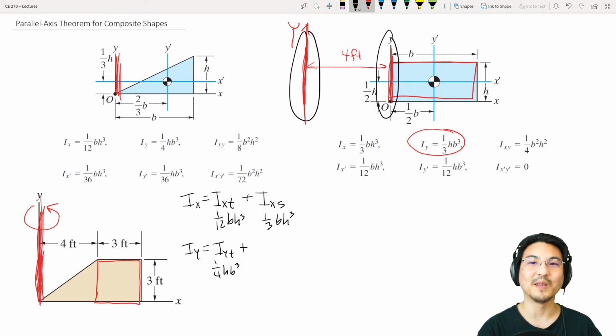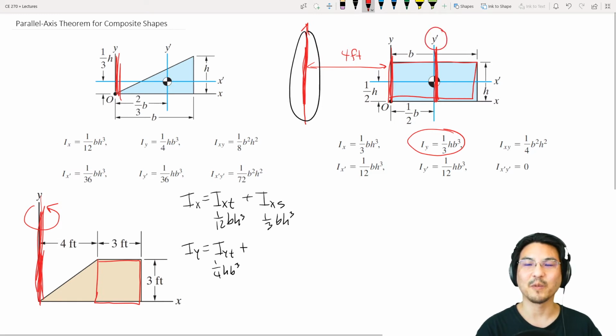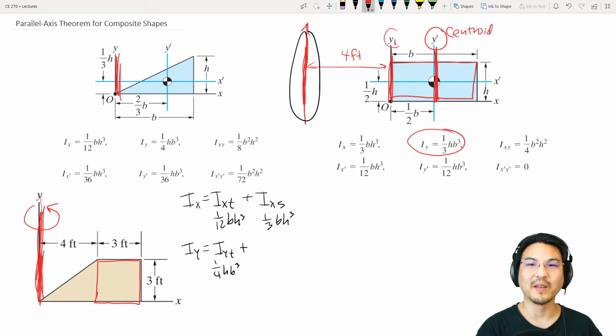It has to be through the centroid, this one. So let me label these. How about I call this y prime through the centroid. I'll call this y1, and I'll call this y2.